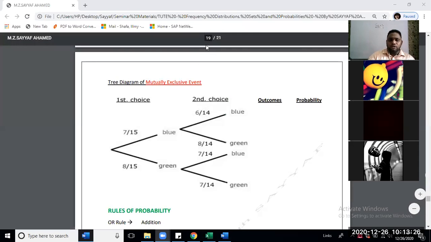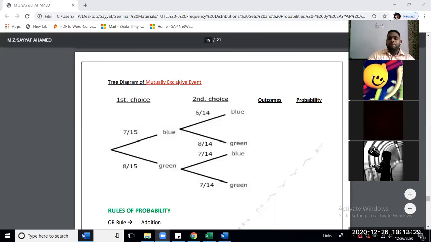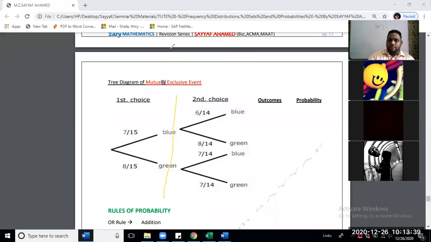Now there's no difference between independent and mutually exclusive in the first occurrence of the first event. When it comes to the second, then definitely there is a difference. What is that? Before the occurrence of the first event, we had a total of 15 tiles, out of which 7 were blue and 8 green.